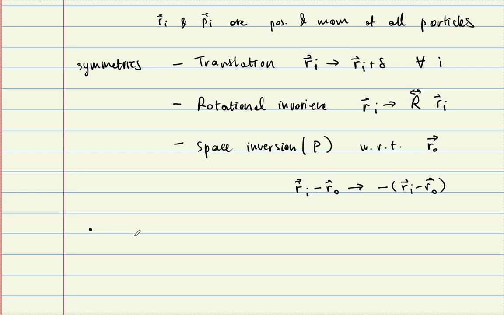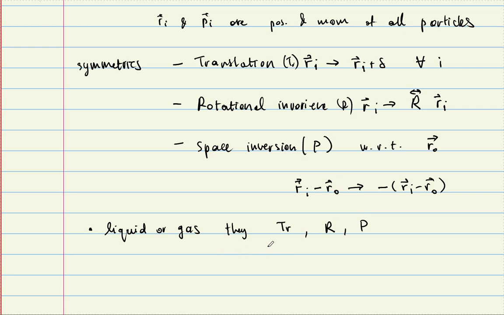Typically, it depends on what kind of material or substance you have when you speak about these symmetries. For example, if you have a liquid or gas, they have translation symmetry, rotation symmetry, and they have parity.